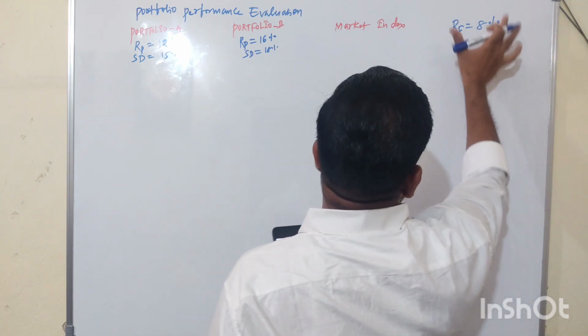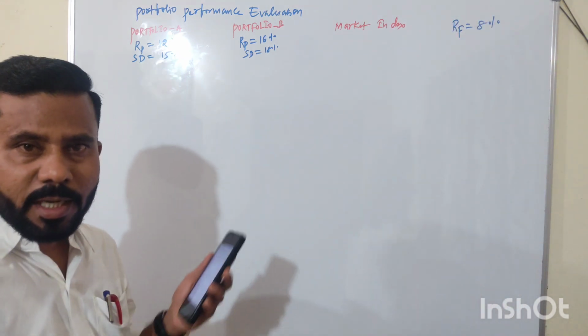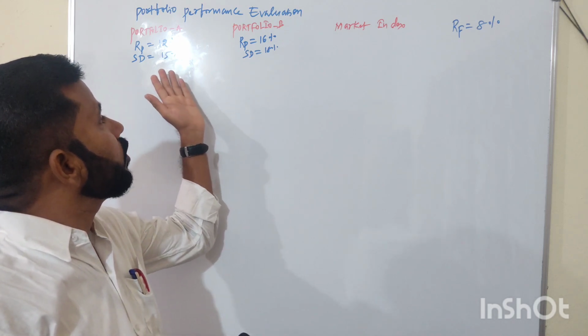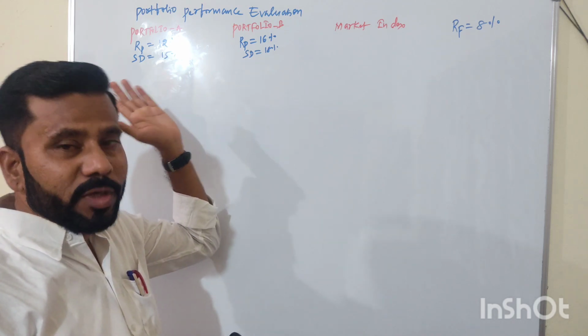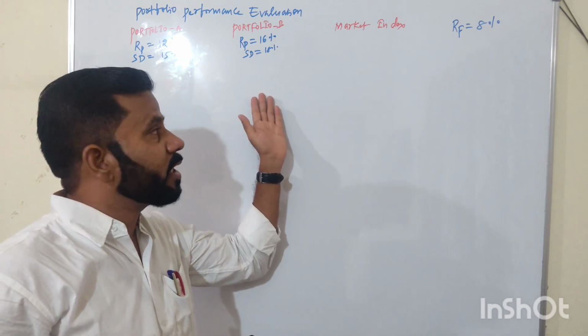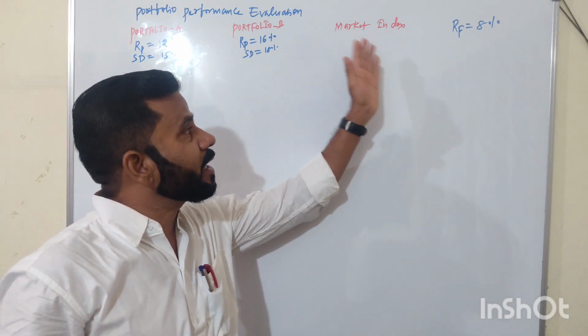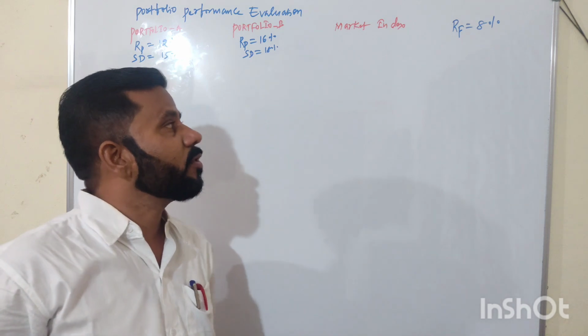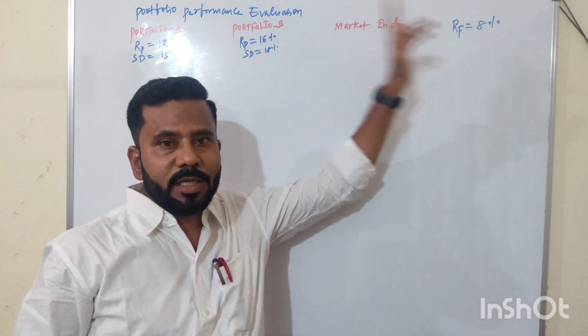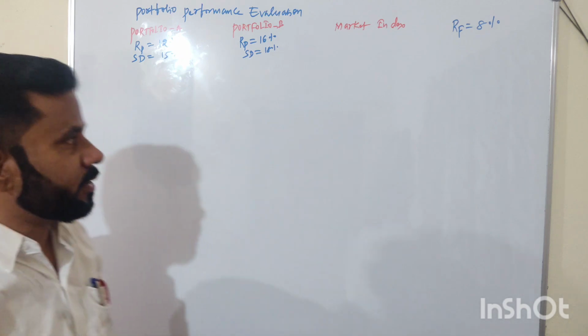We use this RF commonly while calculating portfolio A's Sharpe index, portfolio B's Sharpe index, and while calculating the market index's Sharpe ratio, we commonly use 8% only. It comes in every calculation.